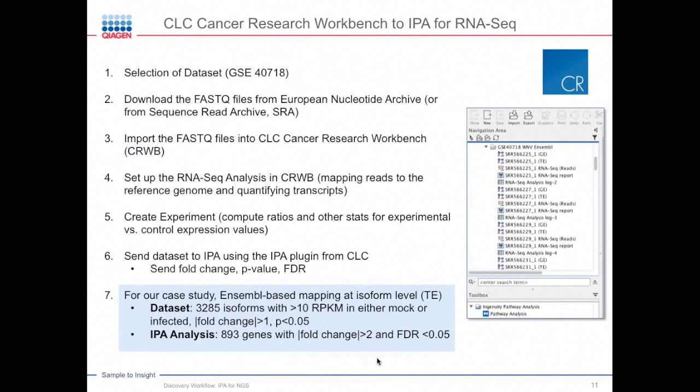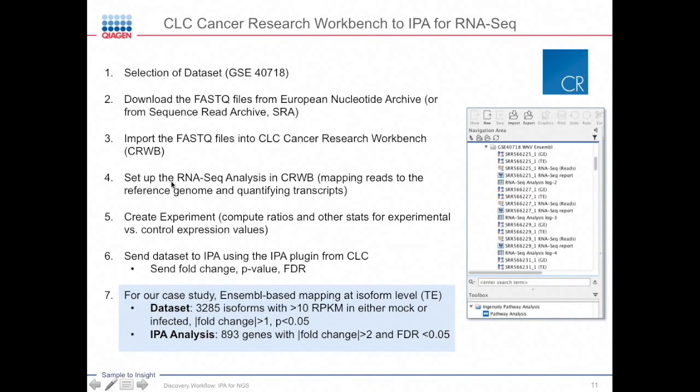And so the simplified steps that we did were, again, take that data set and download the FASTQ files from either the European Nucleotide Archive or from SRA. Just as a point, the European Nucleotide Archive is a little easier because the files are already in FASTQ. With SRA, you have to process them into FASTQ files, so ENA saves you a step.